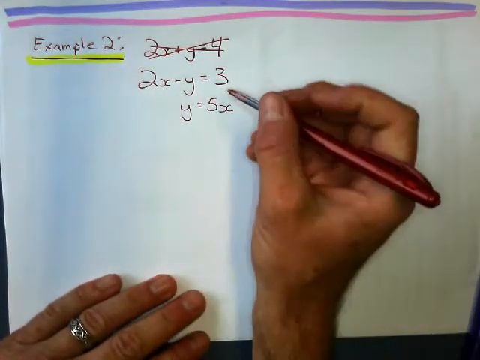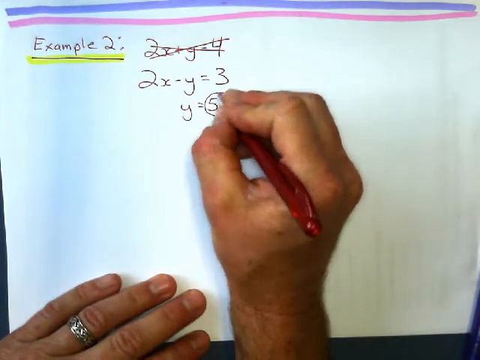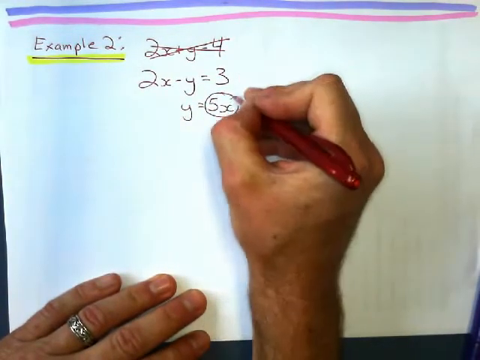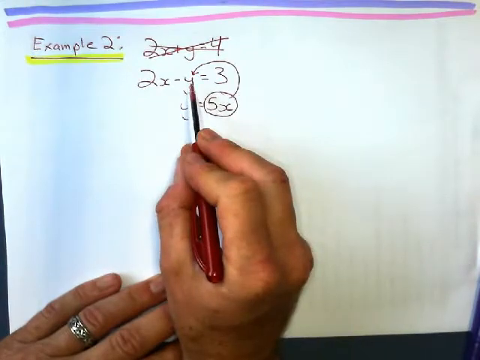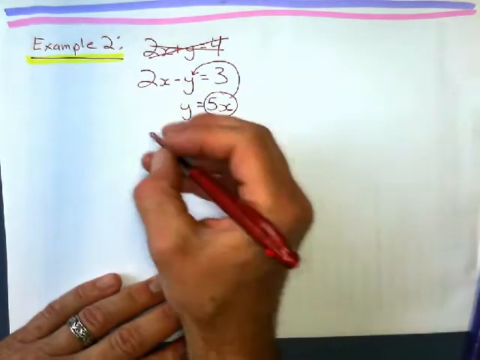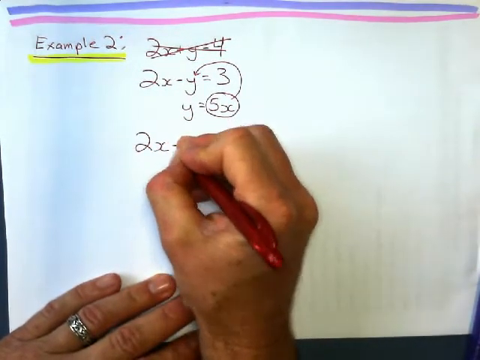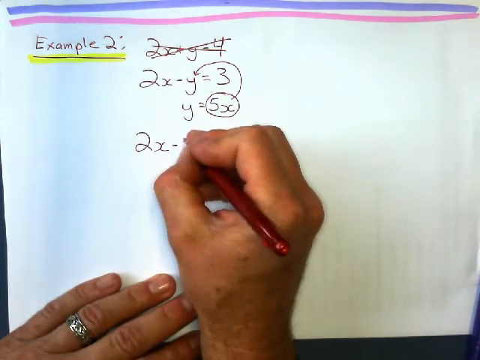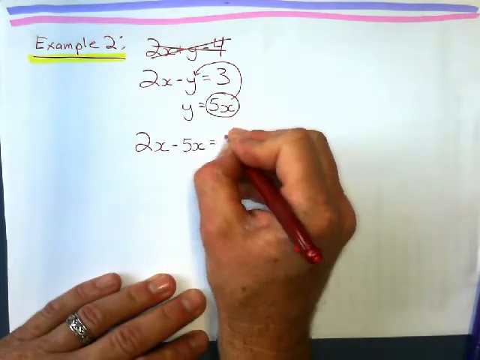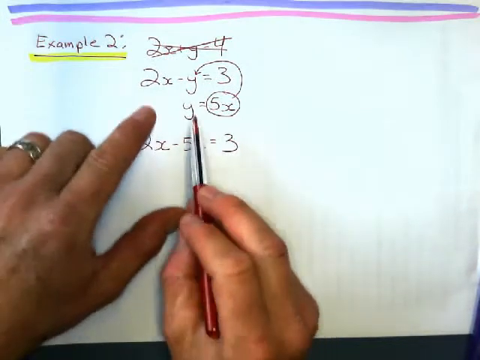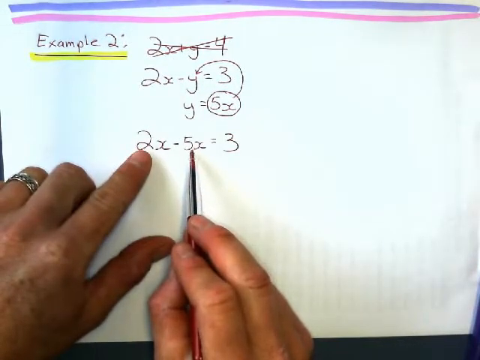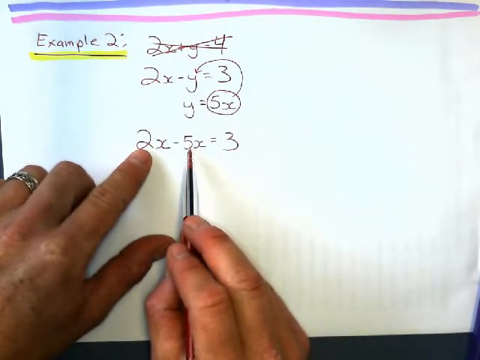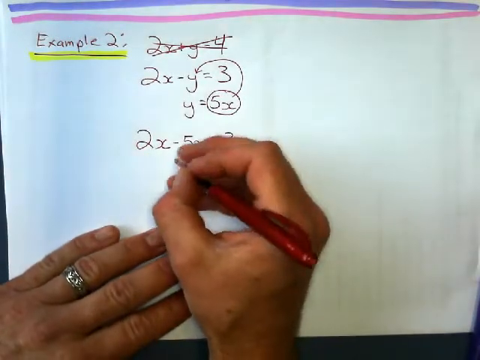Recognize that we're going to solve by substitution. Take that expression for y equals 5x, and I'm going to substitute it in there for y, but you have to be careful because what we're saying is we're subtracting that 5x, and that's going to give me 3. And I say be careful because when I simplify this bit, that'll give me a negative coefficient. 2x minus 5x is negative 3x.